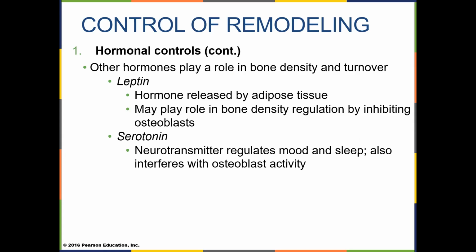So individuals that have lots of lipids stored in their adipose tissue may be releasing leptin and altering their bone density. Or it may work the other way, where you have very little lipids present in your adipose tissue, and the leptin is being released and inhibits osteoblasts.